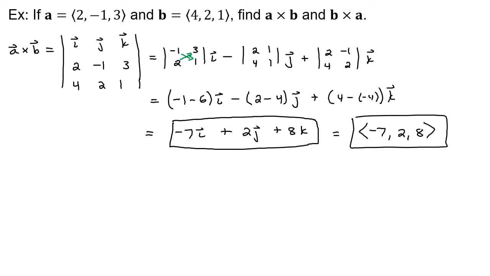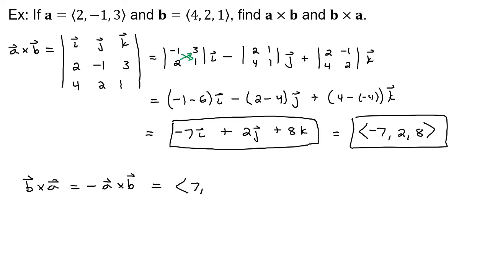Whichever way. Doesn't really matter to me. And it actually won't matter on the homework either. It'll take it either way. And so if I want to find B cross A, remember, A cross B and B cross A are not the same thing, but it's -A cross B. So it just swaps the signs all the way across.